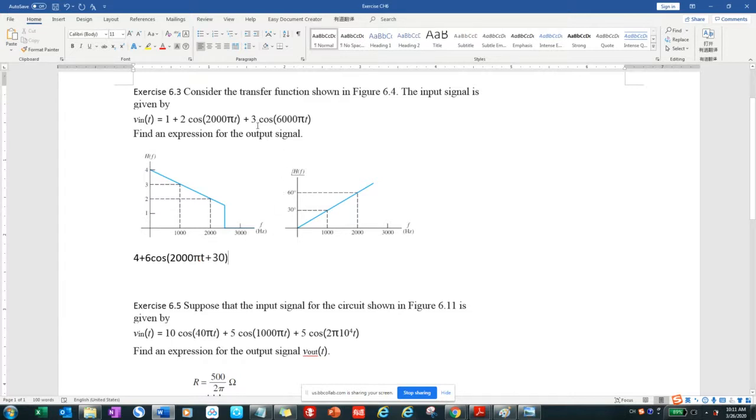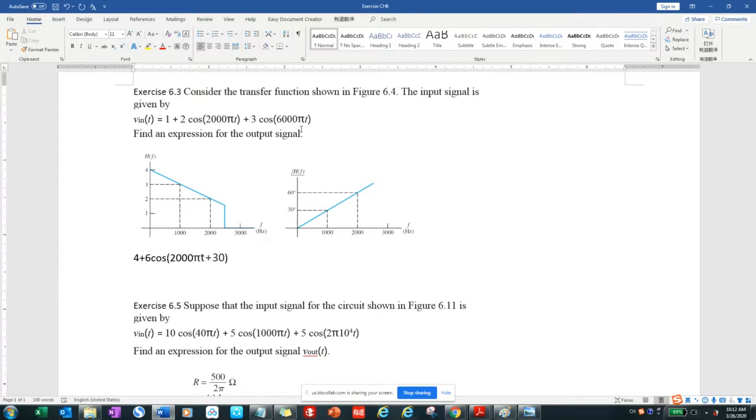Now let's look at the last component. For the last component, we first identify the magnitude, which is 3, and then the phase angle is 0. Then we look at the frequency. Inside the parentheses is omega t, so omega equals 6000 pi. Then the frequency will be equal to 3000.